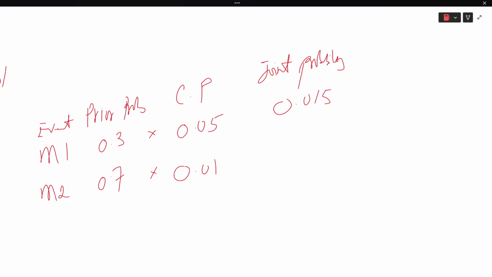And for machine 2, 0.7 times 0.01 is 0.007. When you get the joint probability, find the total.